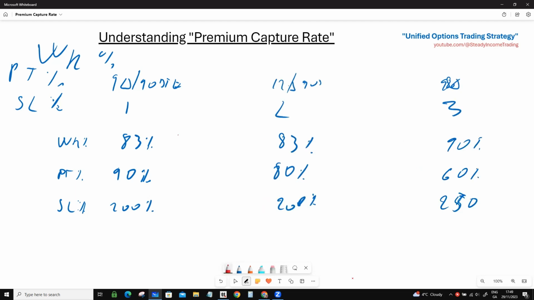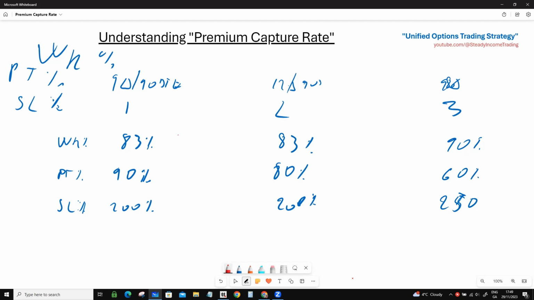Okay, so let's start here, and just for clarity, we're going to sell each of these naked puts for a certain amount of premium, and that's going to be 100%. Whatever we sell it for is going to represent 100% of the premium. So it doesn't really matter how much we collected. We're looking for premium capture rate as expressed in percentages.